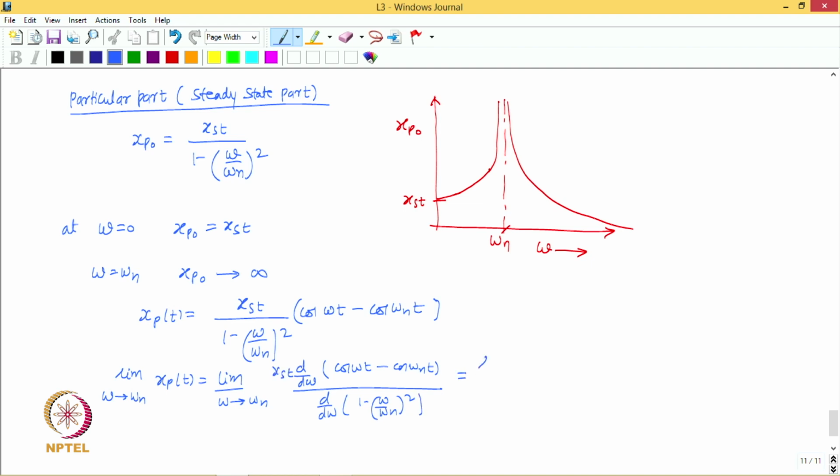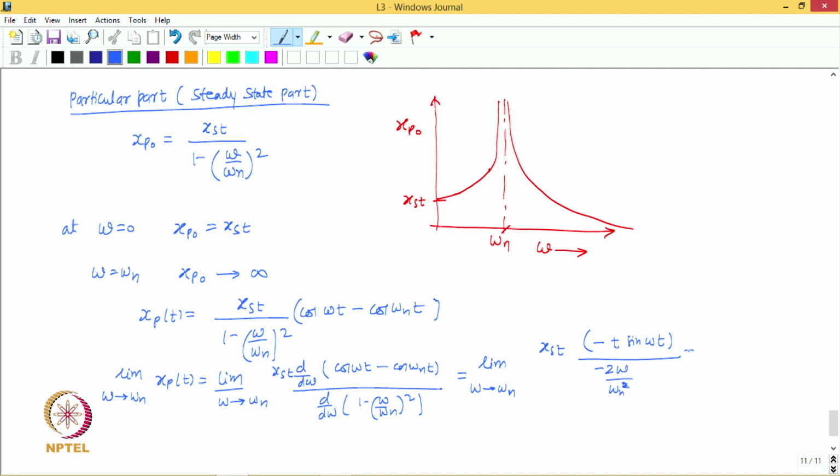So we get the limit as omega tends to omega n. This would be x static, and differentiation with respect to omega would give me minus t sine omega t, divided by minus 2 omega upon omega n square.